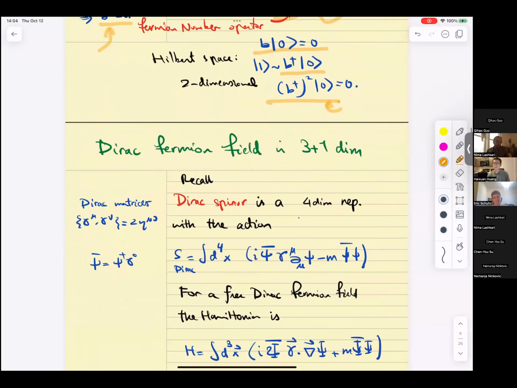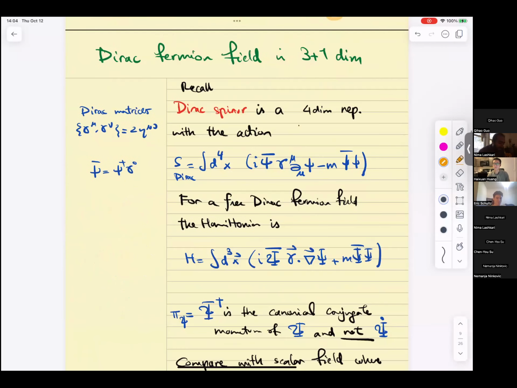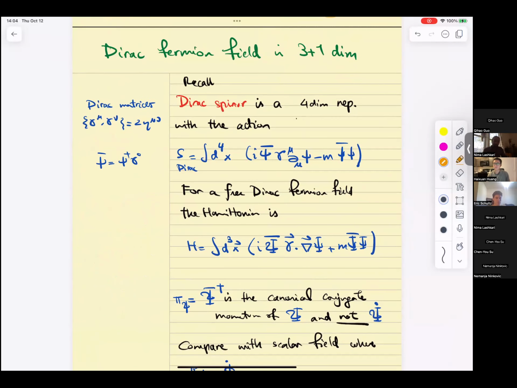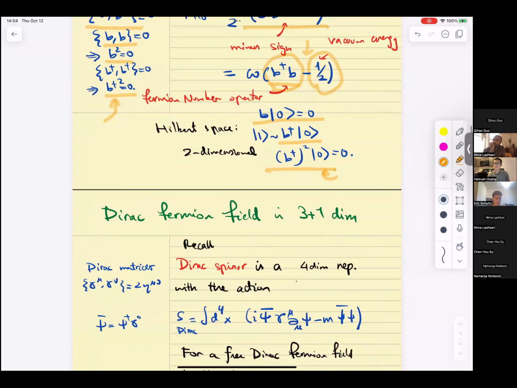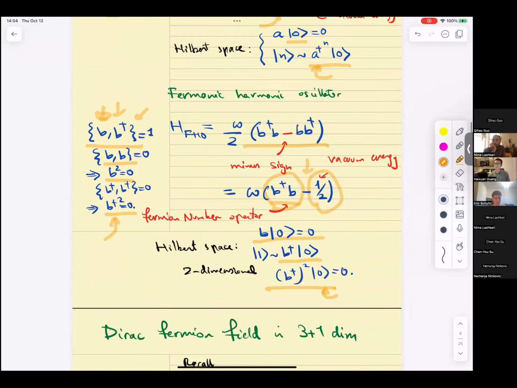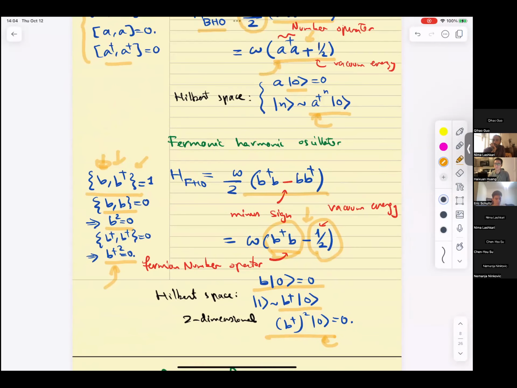All right. So, Dirac fermion fields in 3+1 dimensions. Are there any questions? Maybe I should pause here. So far, what have we said? We've said that spin decides statistics.